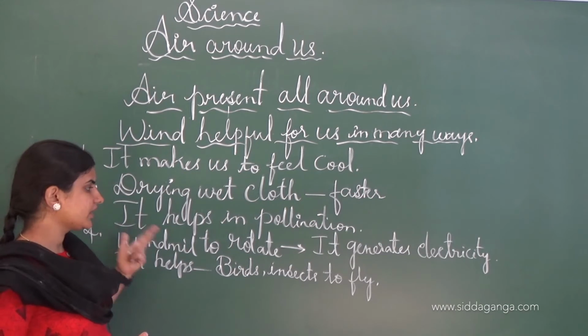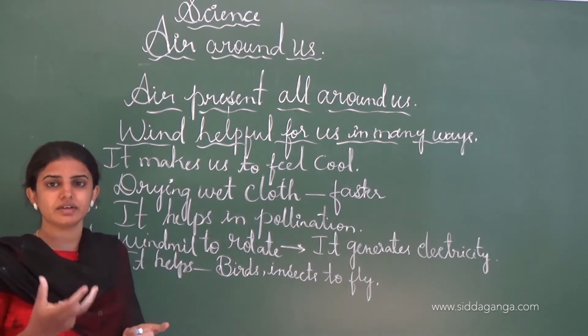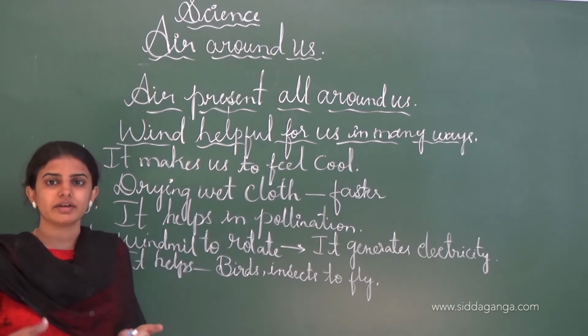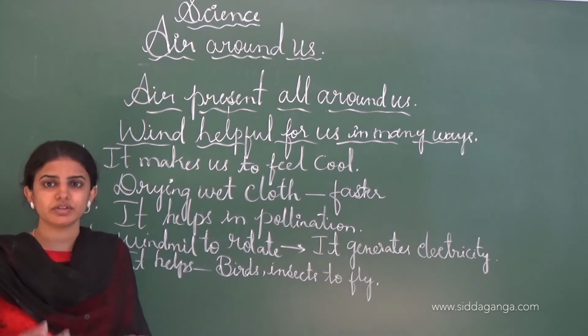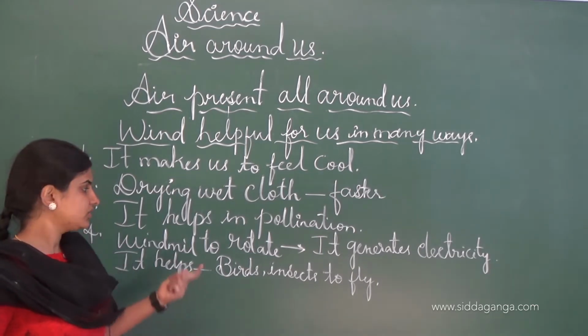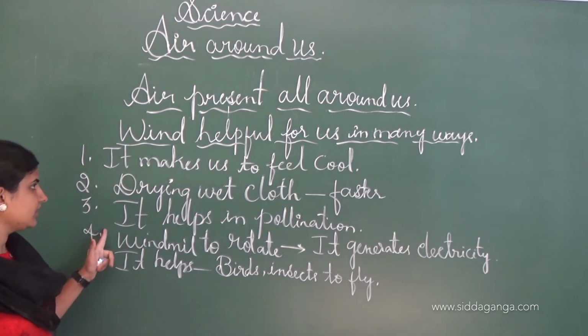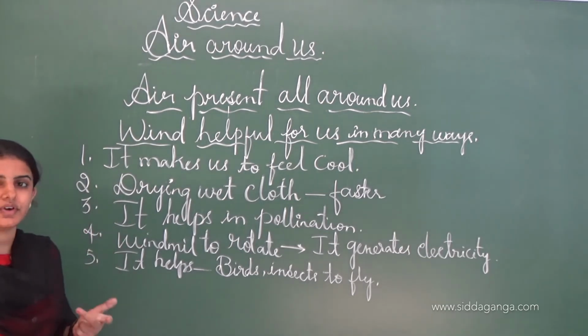With the help of air it is transferred, and thereby fertilization takes place, and fruits grow. When the fruit falls down, the seed will germinate, and later a new plant will grow. And this is the third way where the wind is helpful for us.